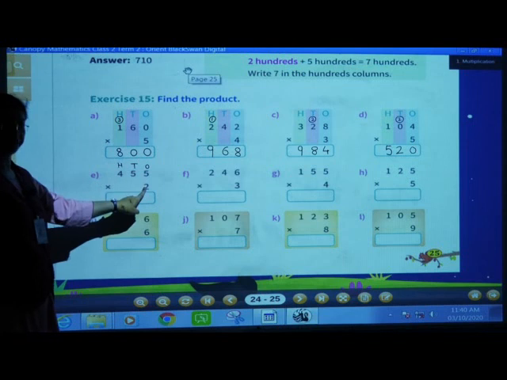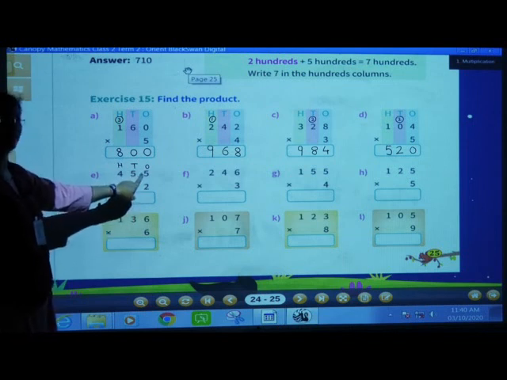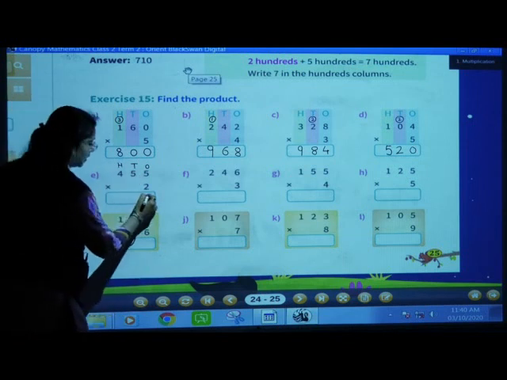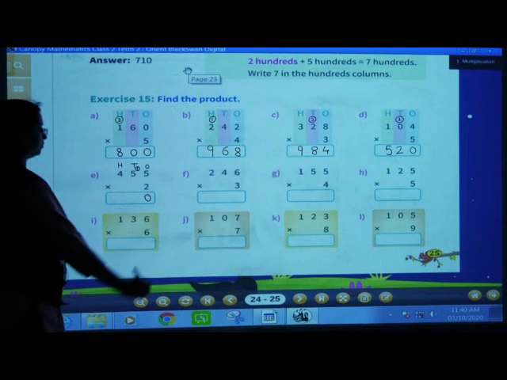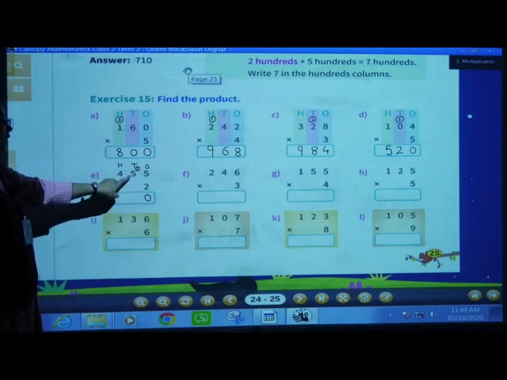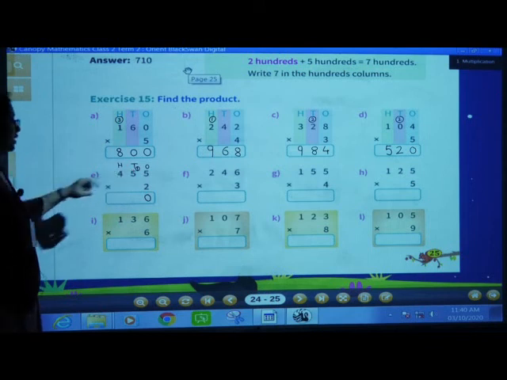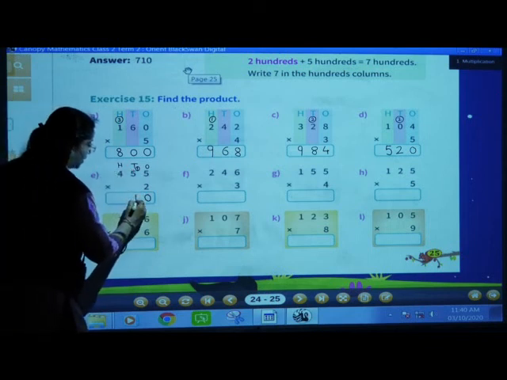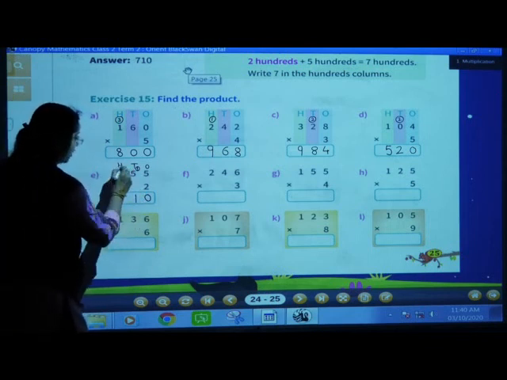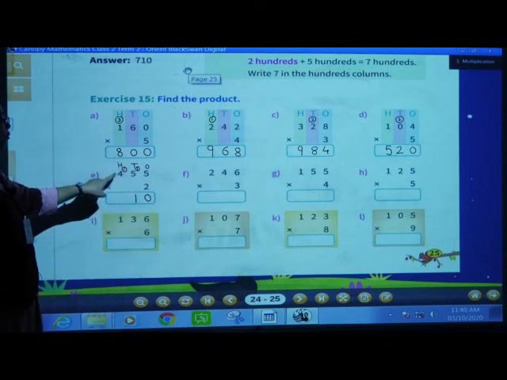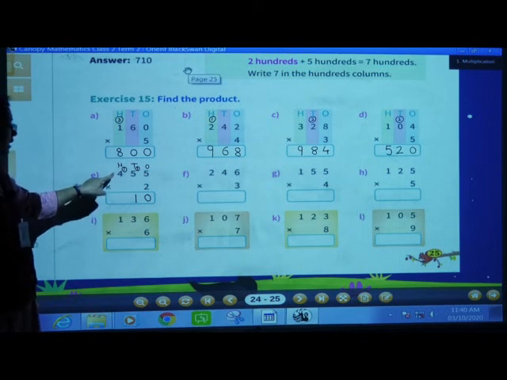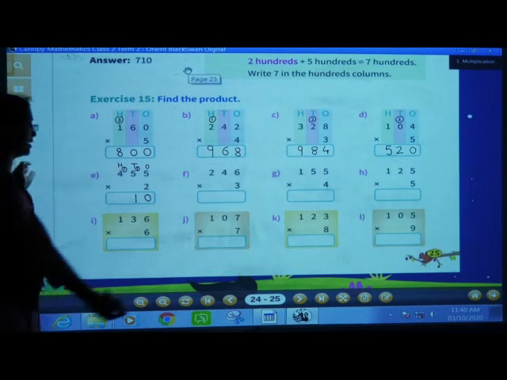Multiplied by 2. 2 5s are 10. 10 means 0 will come in ones place and 1 carried over. 2 5s are 10. 10 plus 1, 11. 11 means 1 will be in tens column and 1 again carried over. 2 4s are 8. 8 plus 1, 9.